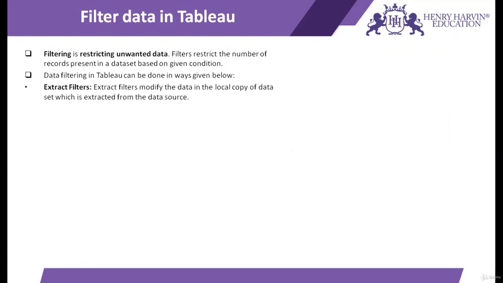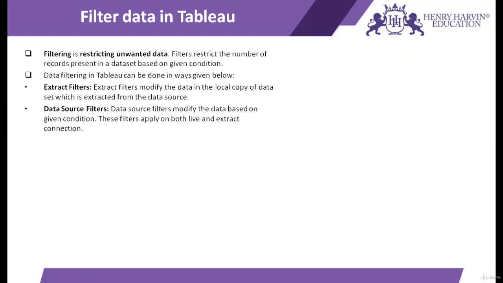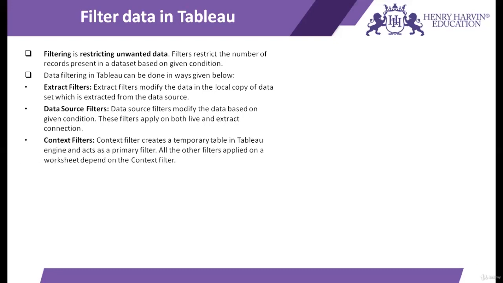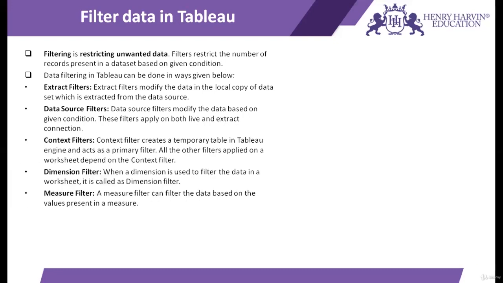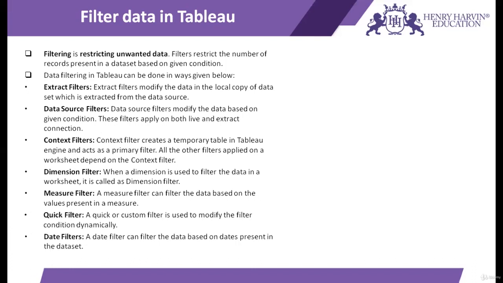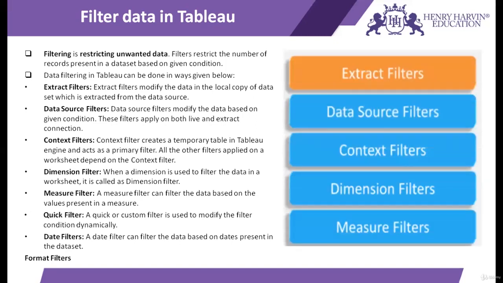The various kinds of filters available in Tableau are extract filters, data source filters, context filters, dimension filters, measure filters, and quick filters with date filters. And once we have done all these filters, we'll check how to format them. So without much ado, let's move to the filters directly.